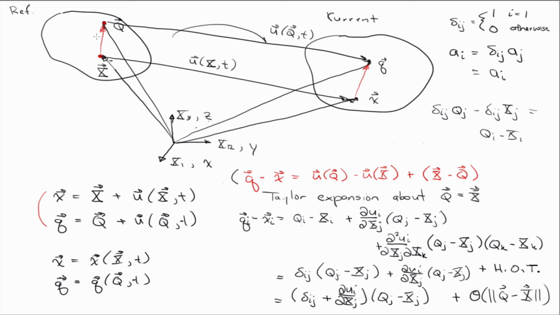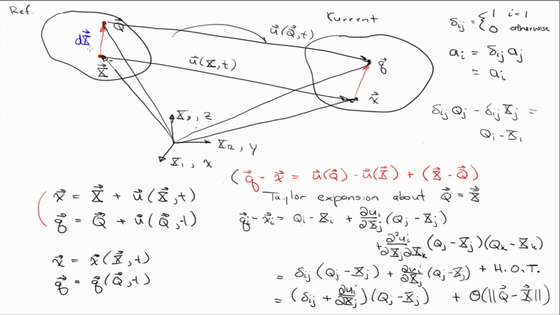And so what if we give these line segments a name, like these red vectors I drew here? Because we did a Taylor expansion about the point q equal to x, when q and x are infinitesimally close to one another, let's give this line segment a name. Since it's an infinitesimally small line segment, let's just call it dX, big X, okay?